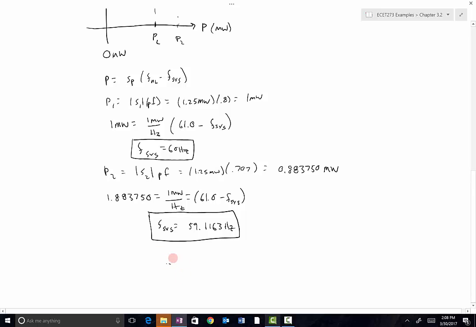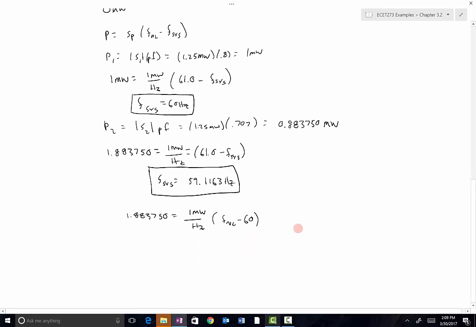well, let me just show you how to solve it. It's going to be 1.883750 equal to 1 megawatt per hertz times, in this case, F no load minus the system frequency. We want to restore it to 60 hertz, so we're changing which variable we solve for.